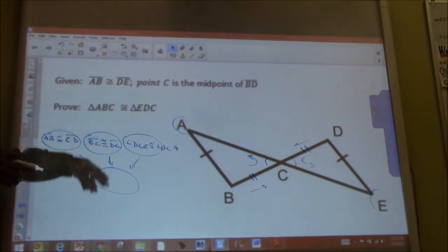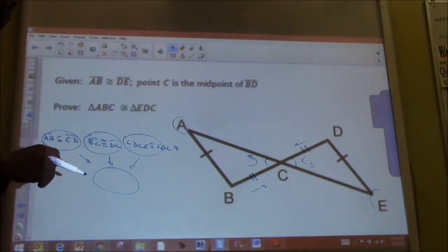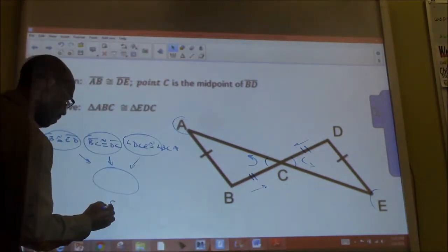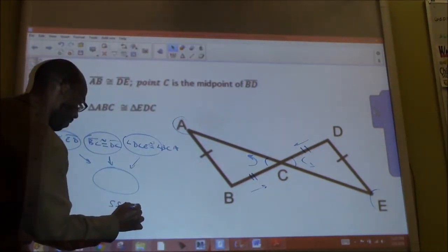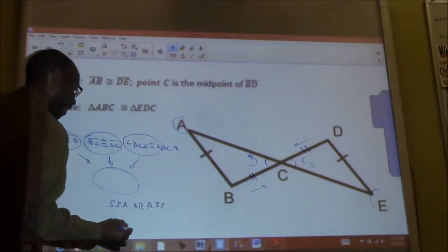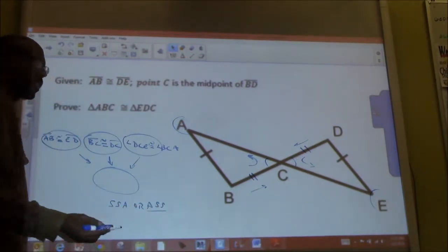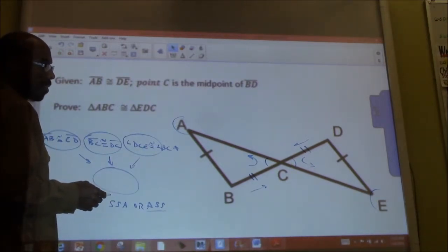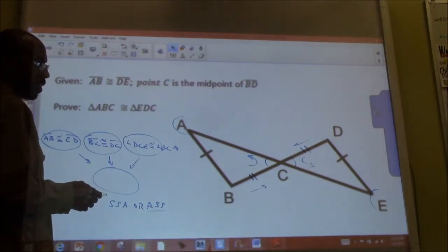We got a side-side angle. Side-side angle. Or angle side-side, and of course we know that this one doesn't exist, so basically you spent a lot of time doing work that doesn't get you anything.